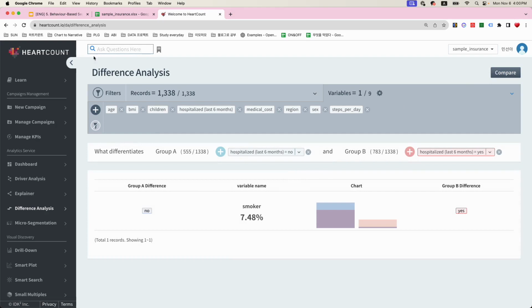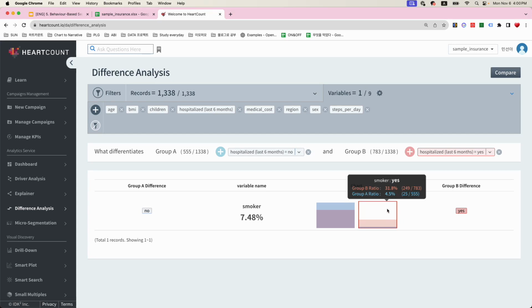To cut to the chase, smoking status emerges as a significant characteristic differentiating the two groups. So difference analysis is revealing that a higher percentage of individuals who were hospitalized in the last 6 months smoke compared to those who weren't. Let's see here.